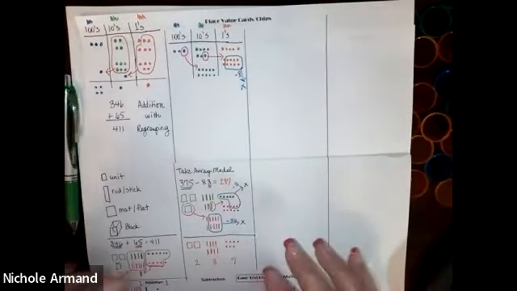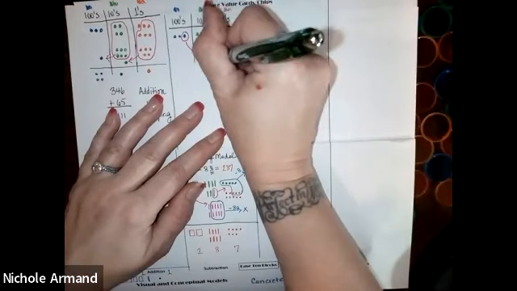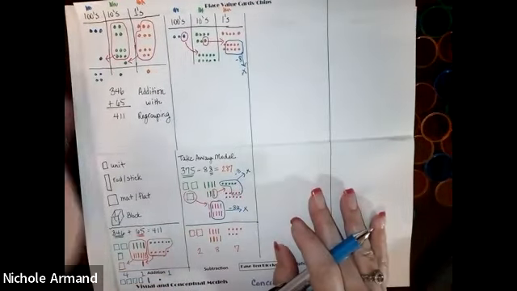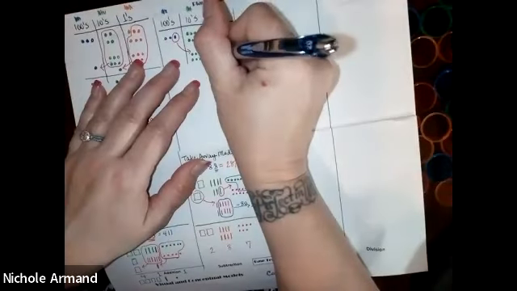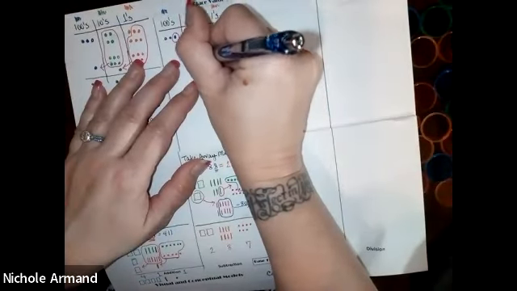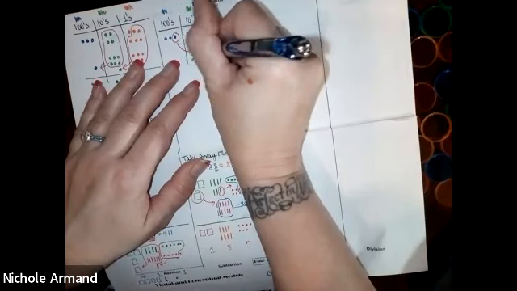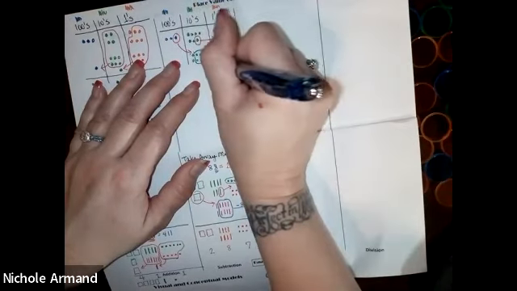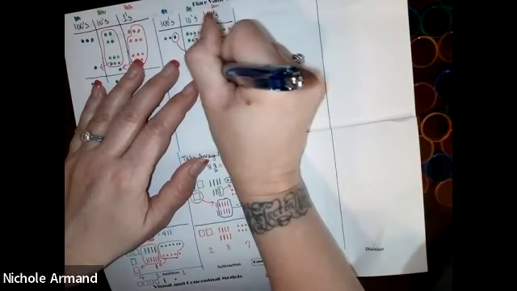And now we're going to take away 8 of these chips, or we're going to subtract 80. So 1, 2, 3, 4, 5, 6, 7, 8. So these are going to go bye-bye. And we're subtracting 80.